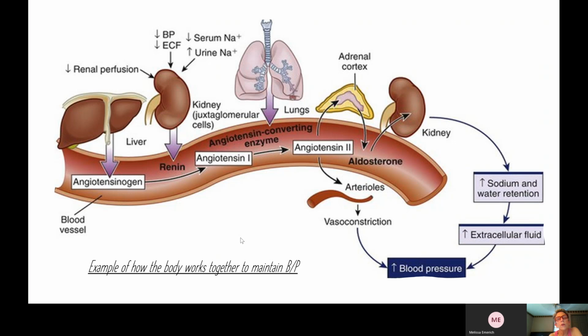Consistently through each of our body systems, I decided to use this particular slide as a way of driving home the importance of how each of the body systems works together to create homeostasis. That is the goal of all of our body systems.